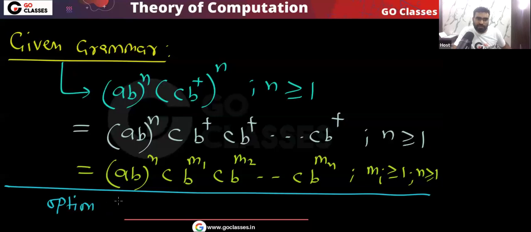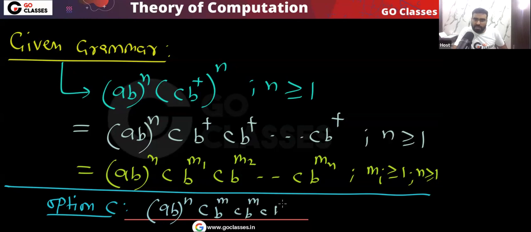Option C is actually giving you this type of language where you have ab power n, and then cb power m, cb power m, cb power m, and so on, cb power m. Here m and n are both greater than or equal to 1.